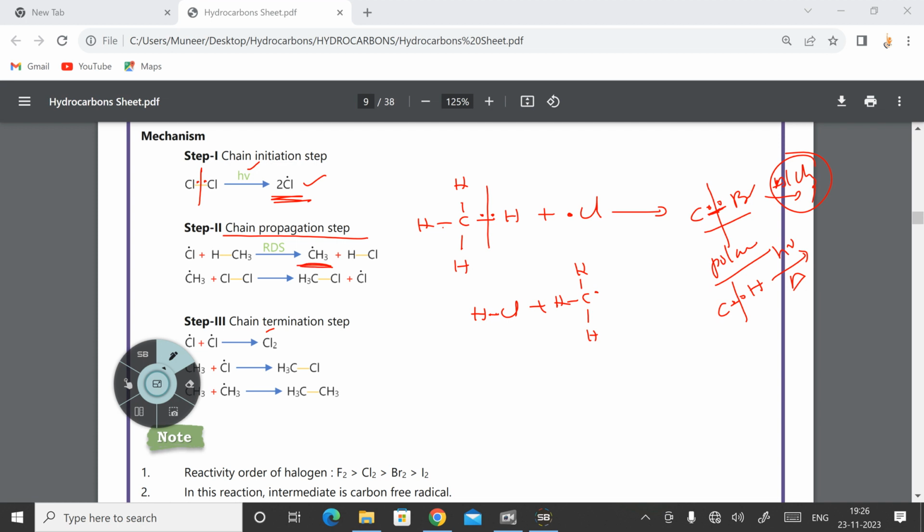Chain propagation, first step. Now in the second step, again chlorine undergoes homolytic fission. CH3 is like this, a free radical. Here is a chlorine molecule. Here it undergoes homolytic fission. As a result, CH3 free radical attaches with a chlorine free radical and forms a bond and liberates a Cl free radical.